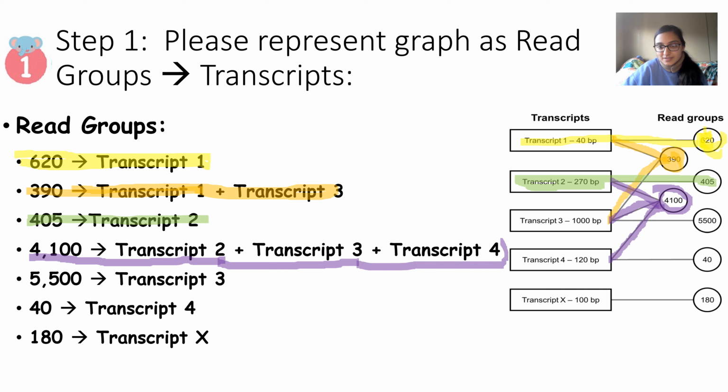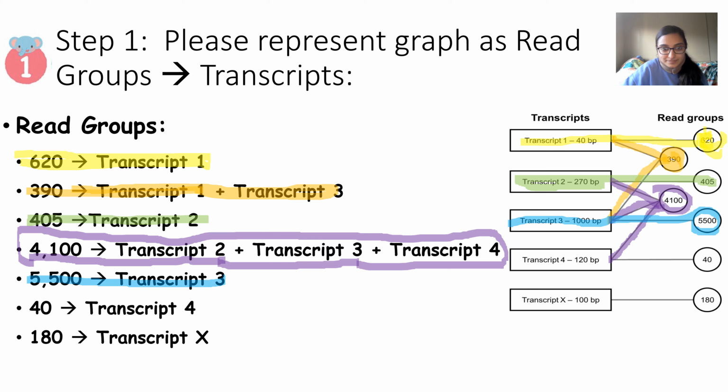In terms of this, I'll have it like this so it looks a little easier to understand. Then we'll say that this 5500 one is coming only from transcript 3, so that's where this comes from over here. And transcript 4 is the one that's reaching to this 40.